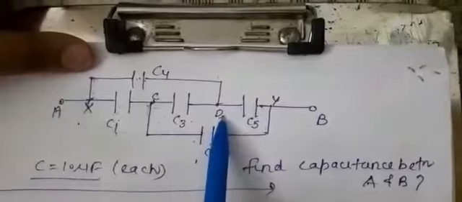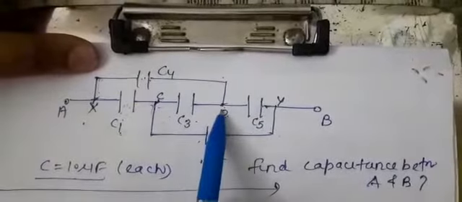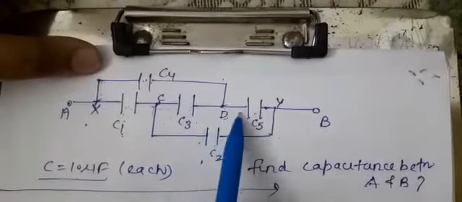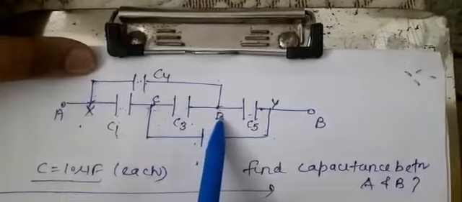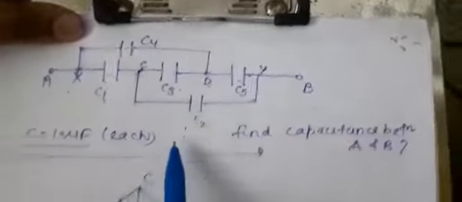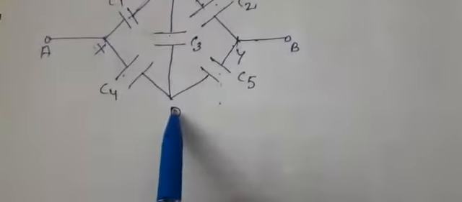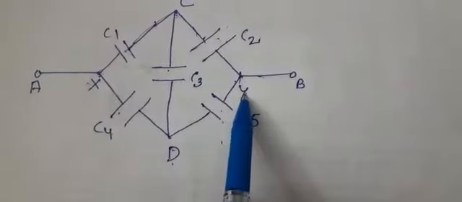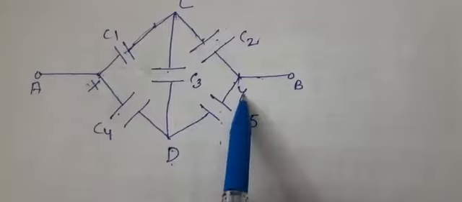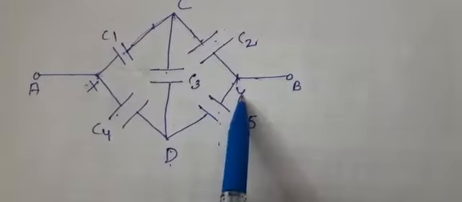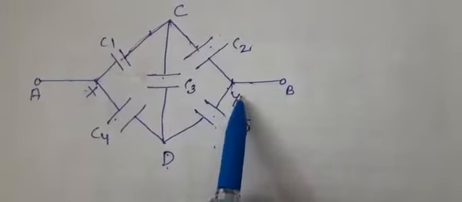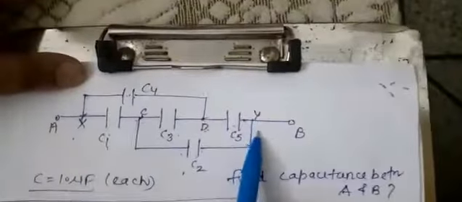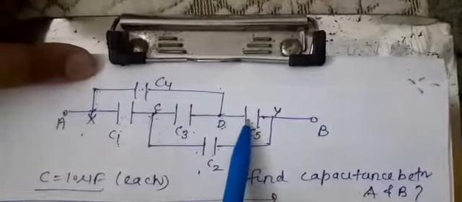D point is common in between C3, C4 and C5. Obviously, these are all in parallel because there is a distribution of charge. So we have taken D point here. And Y point? Y point is common for, as you can see from the figure, C5 and C2. Y is common in between C2 and C5.